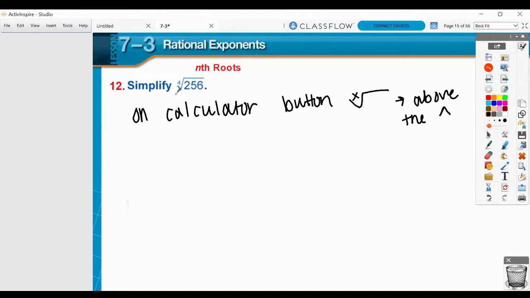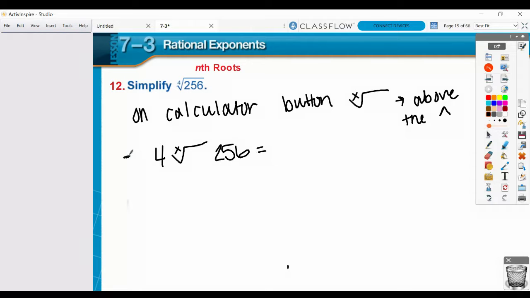Whenever we're looking for the 4th root of 256, you have to type in 4 first, then the radical button with the x, not the square root. We have to do the x now, and then 256.